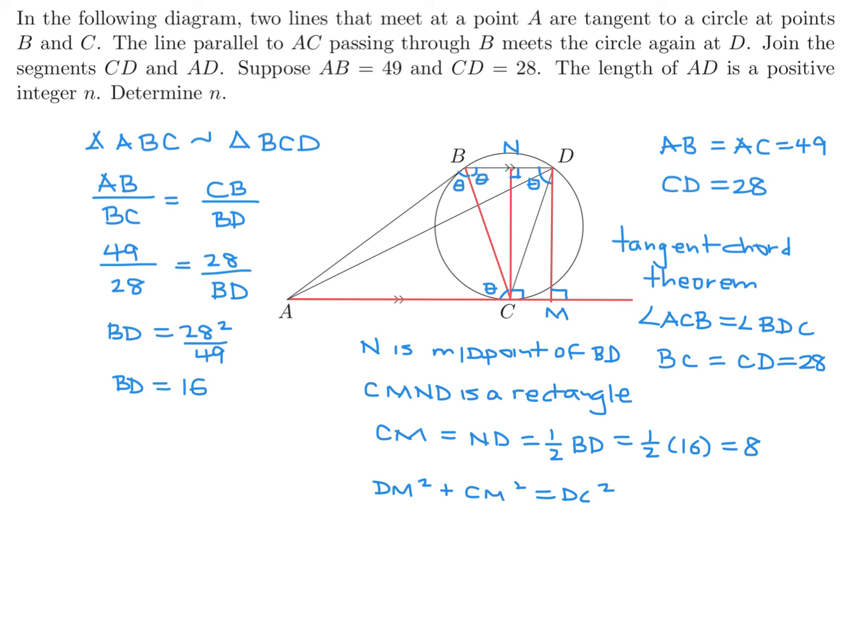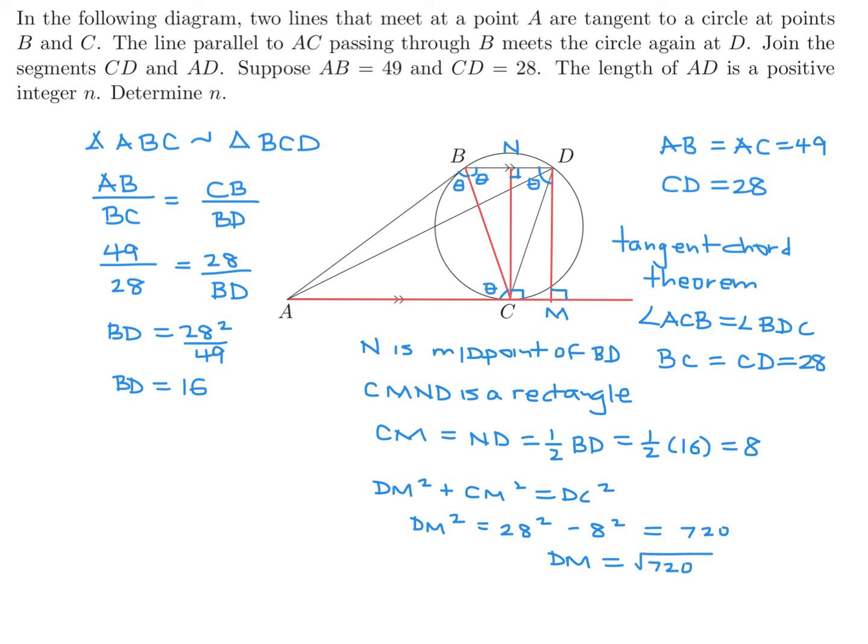So DM is what we're trying to figure out. So DC, did we figure that out? DC is 28. That's something that was given. And CM, we just figured out, was 8. Okay, so 28 squared minus 8 squared is 720. So therefore DM is equal to root of 720.